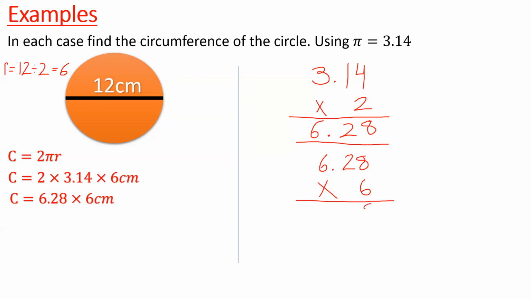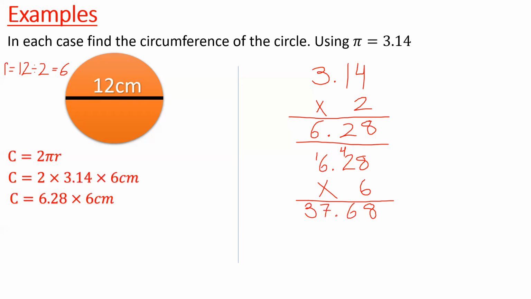We put the 8 down. We put the 4 above. What is 6 times 2? 12. 12 plus 4 is 16. Good. We put the 6 down and the 1 above. What is 6 times 6? 36. 36 plus 1 is 37. Very good. So it's going to be 37 point what? 0.68.